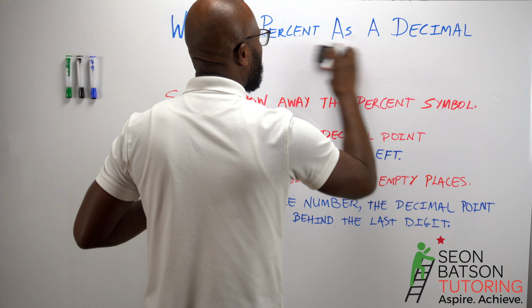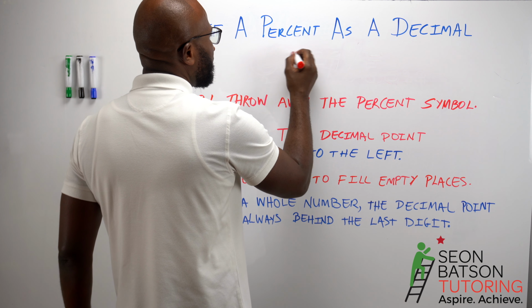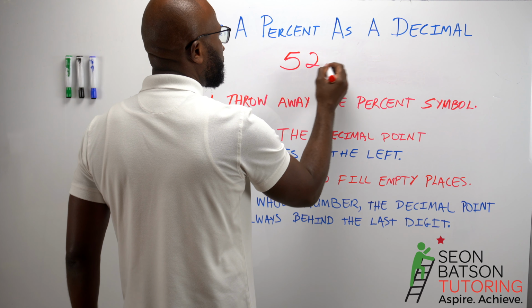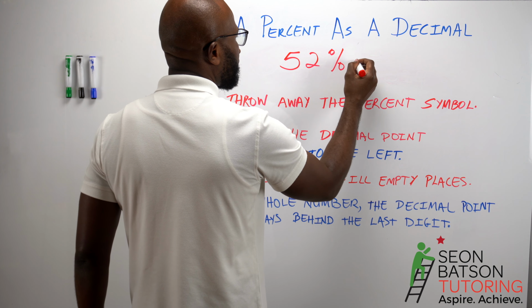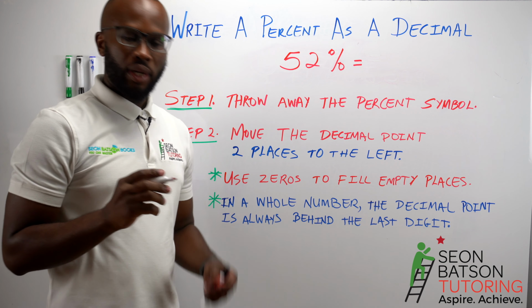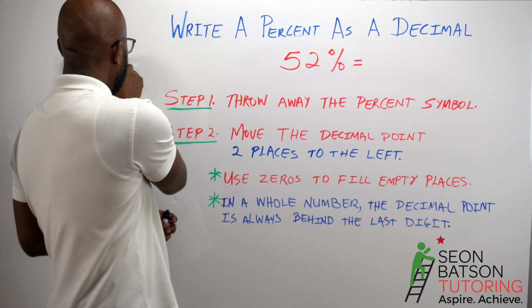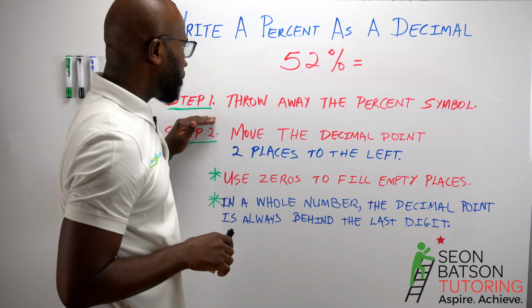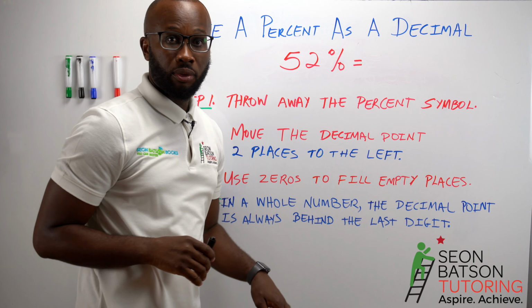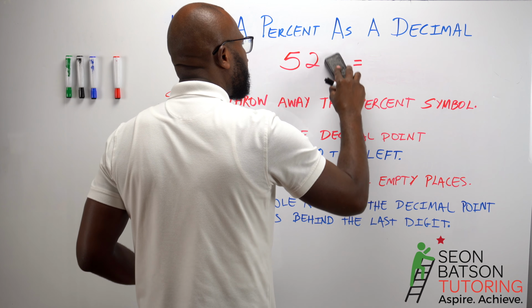Let us say we want to write 52% as a decimal. Yes? So again, don't forget the plan. Don't forget the steps. Step 1, we will throw away the percent symbol. So let's get rid of that percent symbol first.